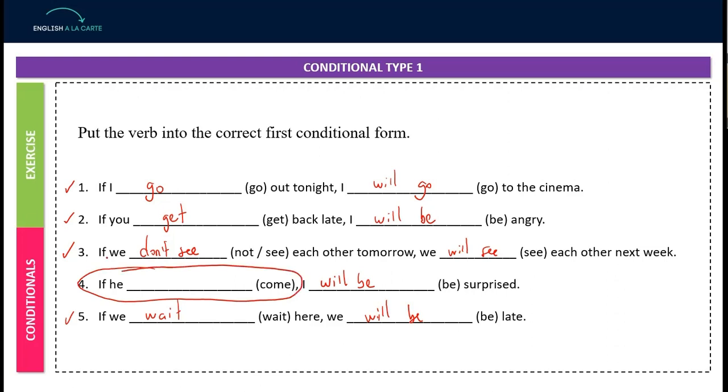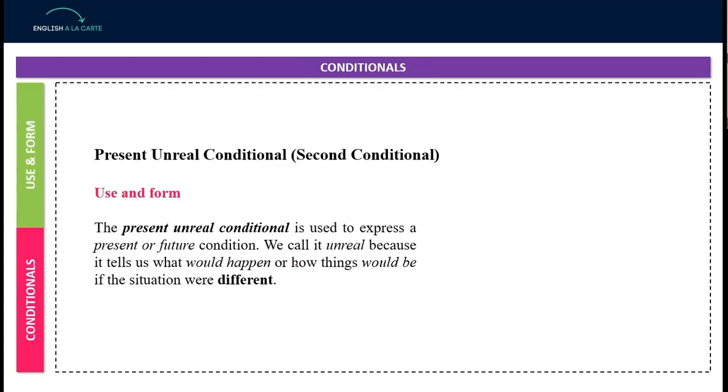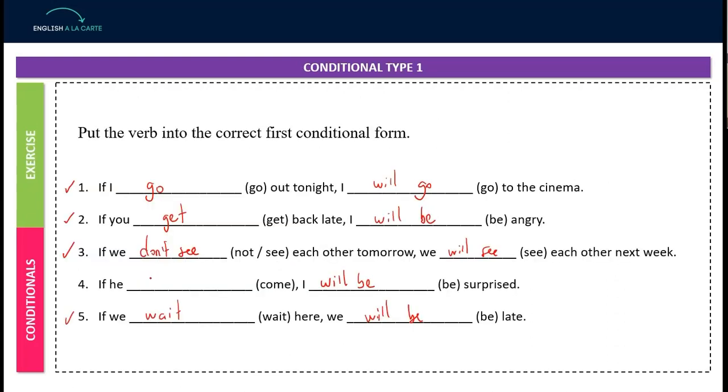What happens in the present simple when you put a verb with he, she, and it? Oh, yes. He comes. So that's why you need to analyze before you do this, because if this is an exam, oh, sorry. All right. If he comes, I will be surprised. Very good. Any questions about vocabulary here? It's okay. Very good.